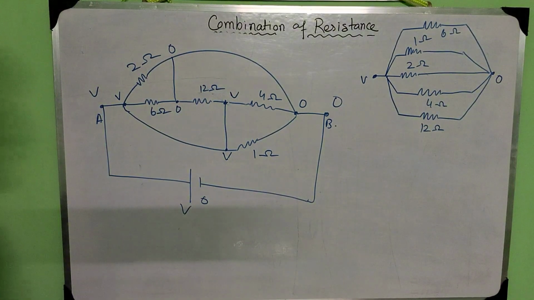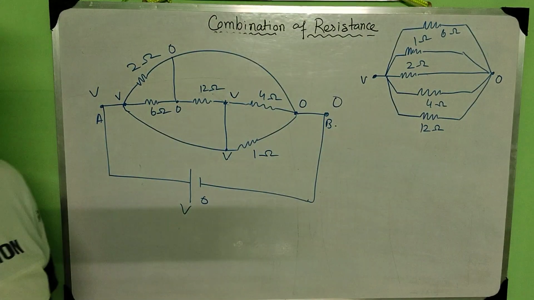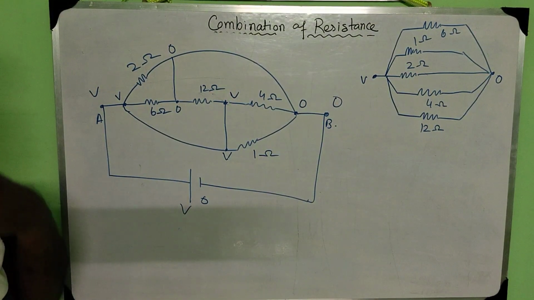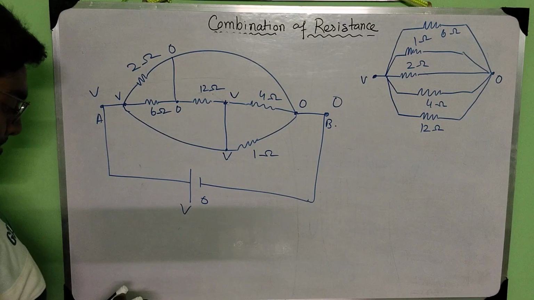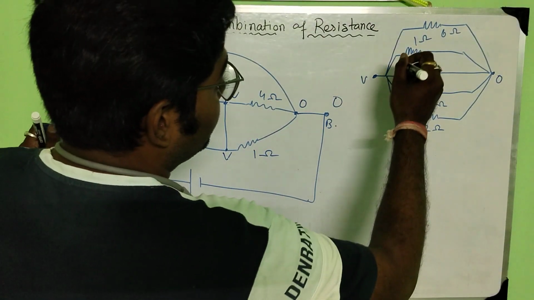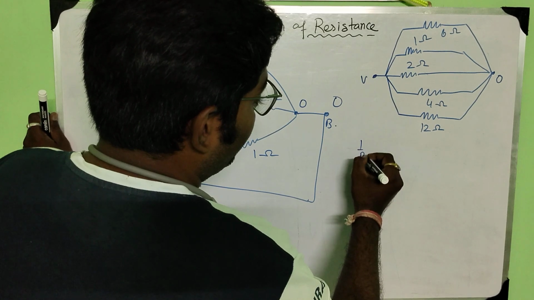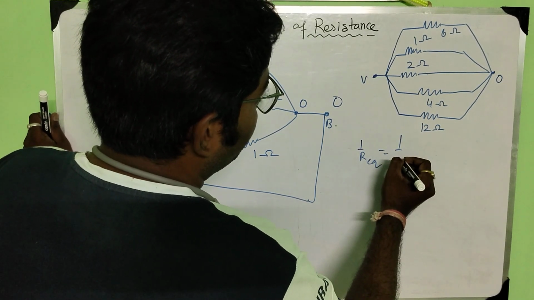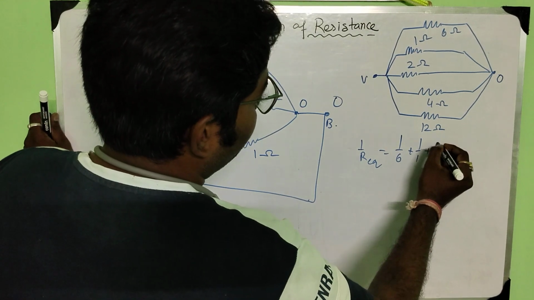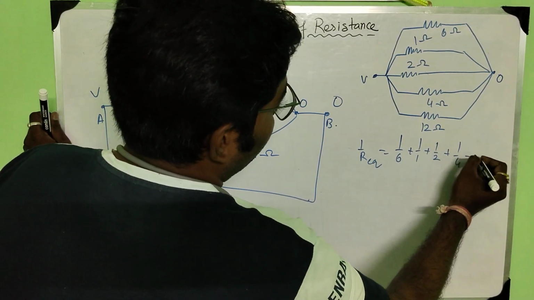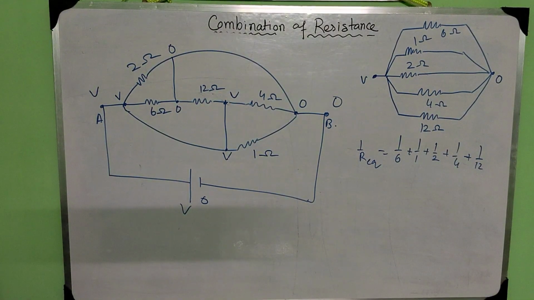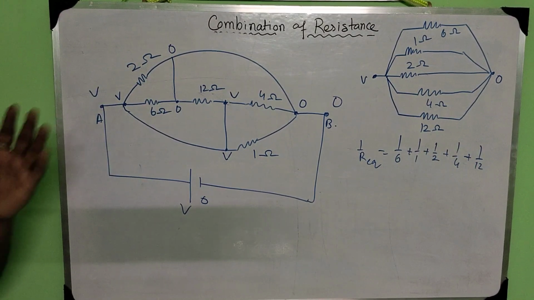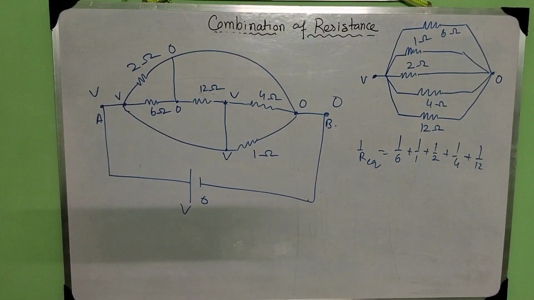So all the resistances are connected in a parallel combination. So 1 by R equivalent will be 1 by 6 plus 1 by 1 plus 1 by 2 plus 1 by 4 plus 1 by 12. Solve it and we will get the result. This way we will solve the circuits by the potential method.